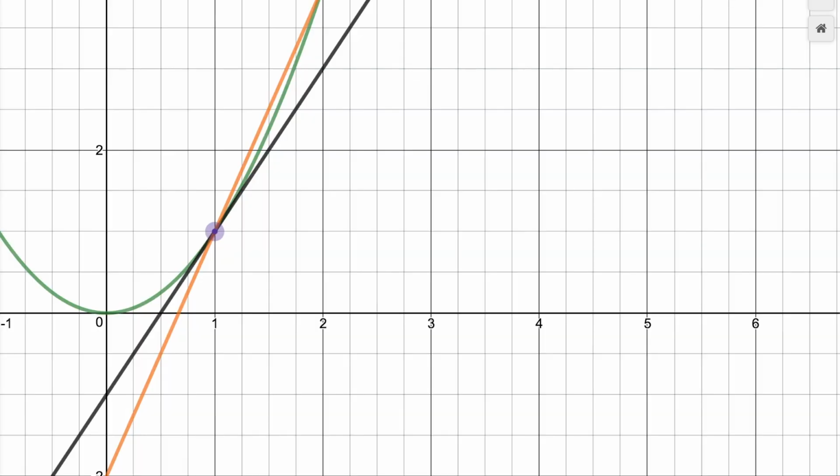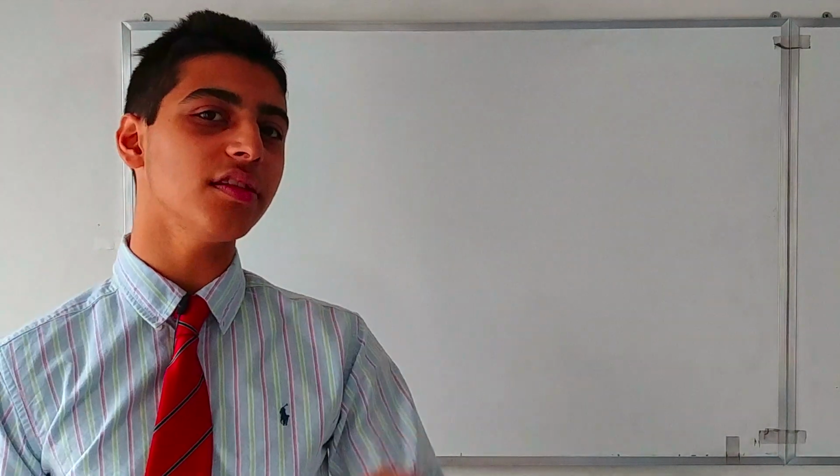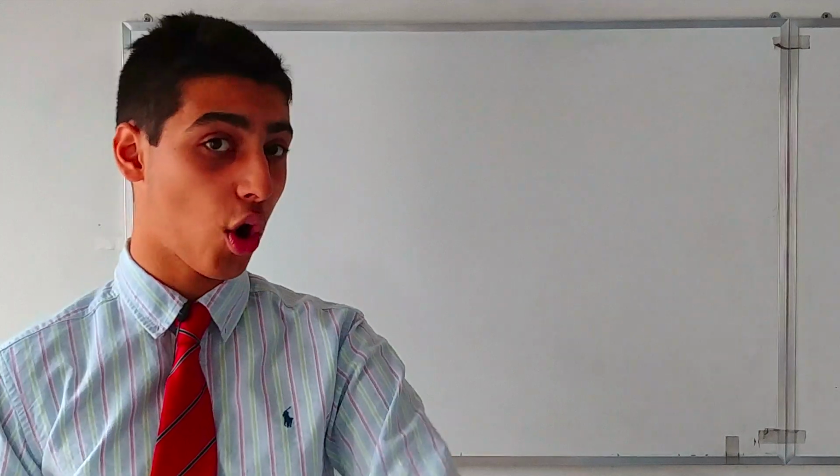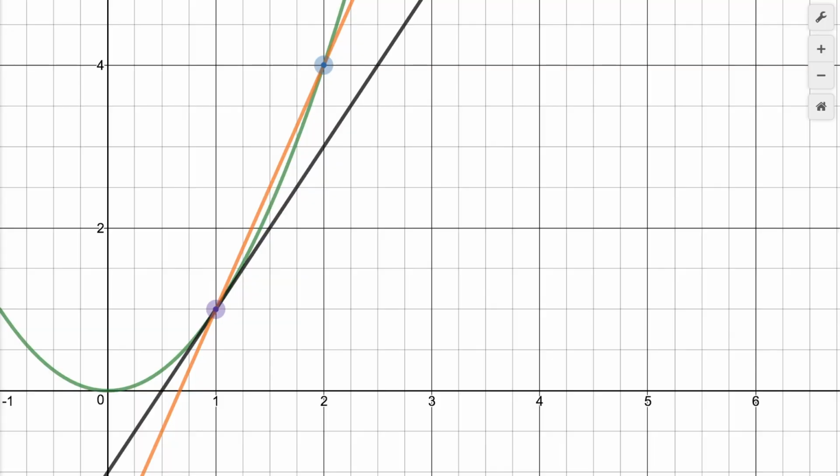So we have to morph the orange line as well as we can to look like the black line. So what do we do? Let's call this distance over here h. First thing we must do is to find the slope of the orange line only with variables, no numbers. So this point over there, let's call it (x, f of x), and this point over there, let's call it (x plus h, f of x plus h).